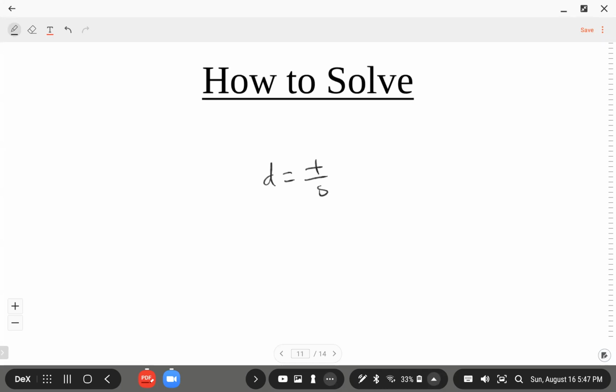And how do we get t away from this s? Inverse operations. Just have to multiply by s on both sides. And then these s's cancel out. And then we get ds equals t. Is that correct? Yes. That is how we rearrange these multivariable equations.